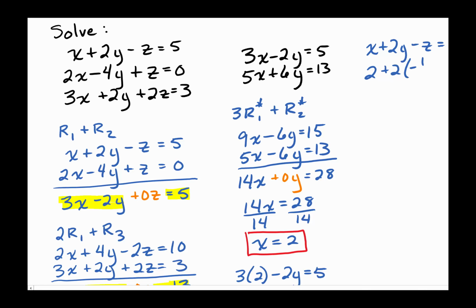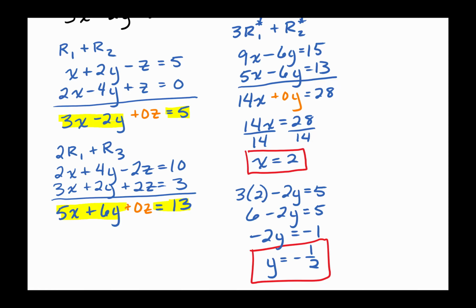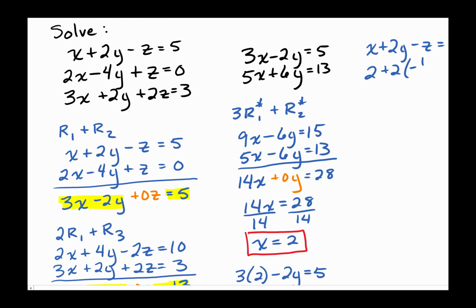Excuse me, y is a positive 1/2. Hope that didn't cause too much panic for you. I know you were screaming at the screen. So that's 2 plus 1 minus z equals 5. Minus z is going to equal 2 when I move the 2 and the 1, which is 3, over to the other side. So z equals negative 2. And so there's our value for z.